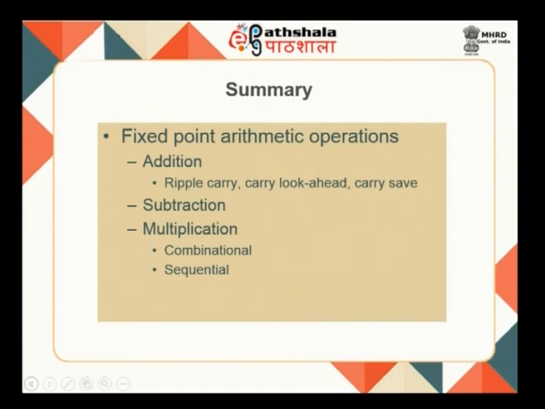And we also saw different forms of implementing this carry look ahead adder, because a pure carry look ahead adder has practical limitations. Then we looked at what is called a carry save adder, which saves the carries generated at every stage and adds them at the appropriate positions in the next stage, which is going to be very, very useful when you do multiplication.